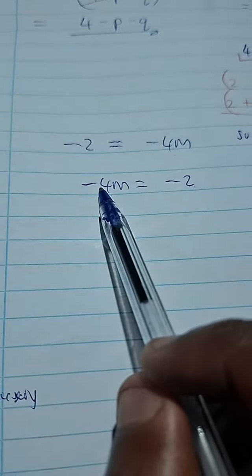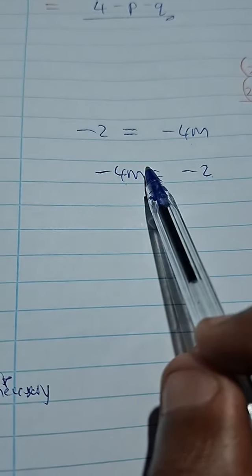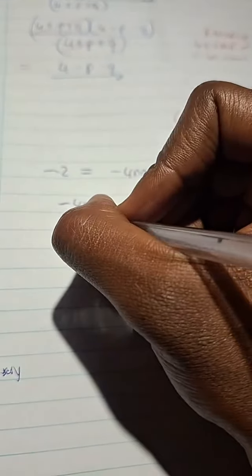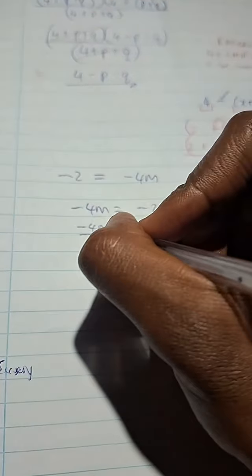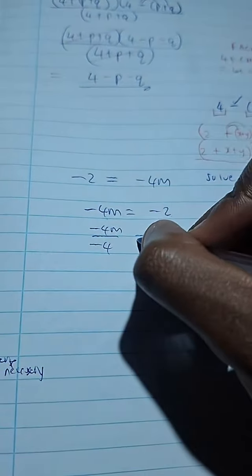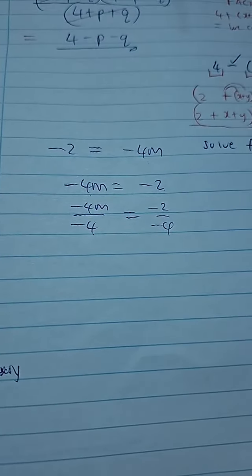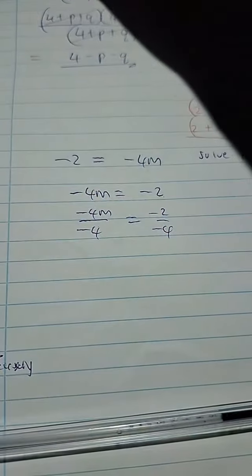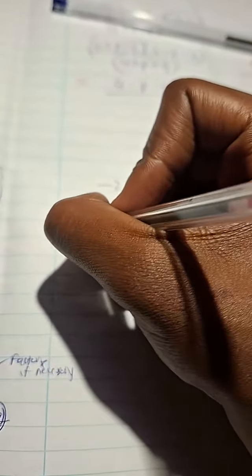What is the relationship between negative 4 and m? It is multiplied. So how do we get rid of the negative 4 that's multiplied to m? We divide by negative 4. But remember, what we do on the left, we do on the right as well, guys. This is what we mean by multiplicative inverse.